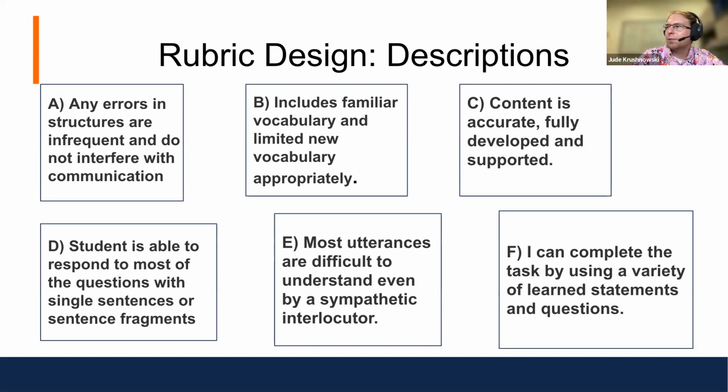Most utterances are difficult to understand even by a sympathetic interlocutor. Yeah, learned statements, just about everything for students, right? Well said. Yeah, so what is a sympathetic interlocutor? If you walked up to your student and said, who is a sympathetic interlocutor? Okay. Learned statements.